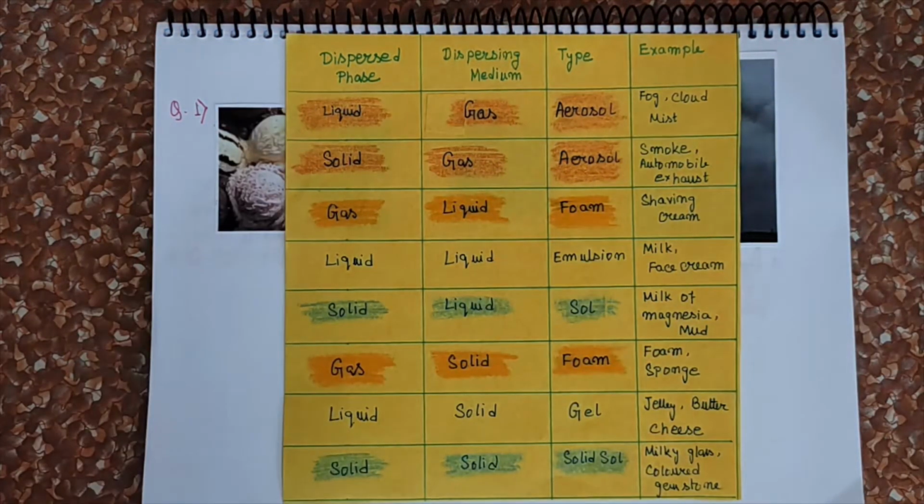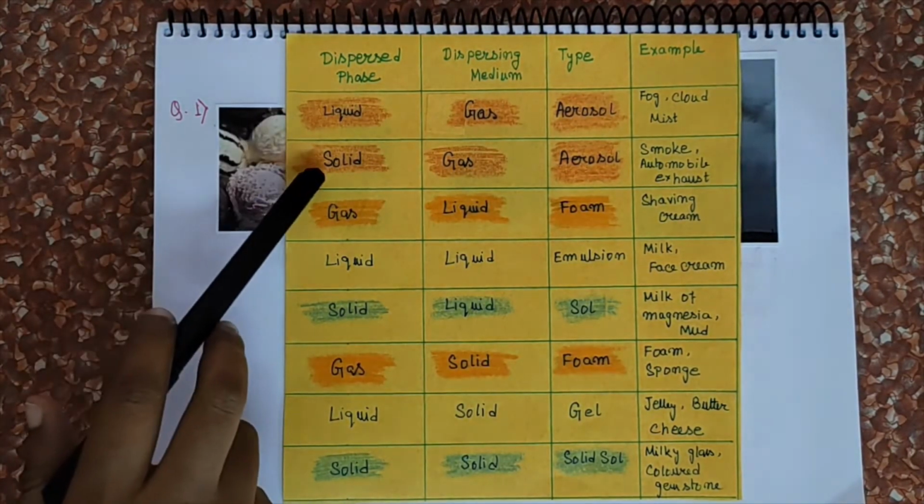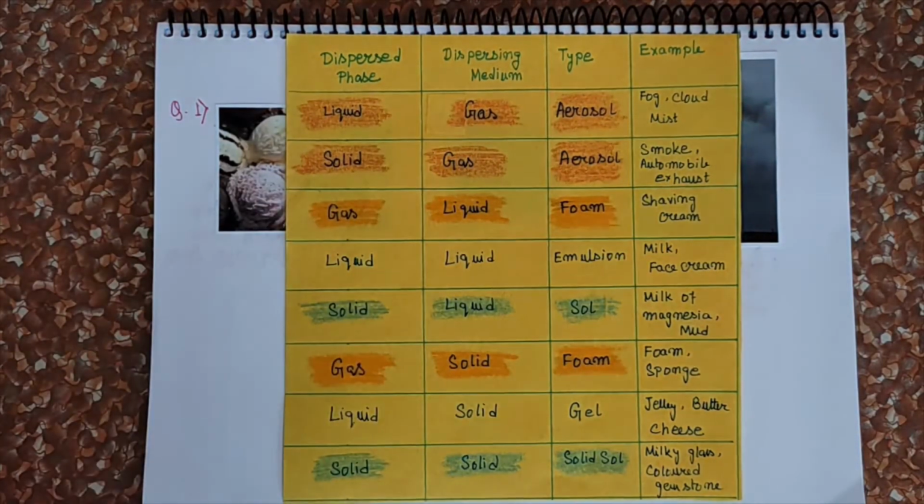And in the dispersed phase, that means which is present in small amount, what will you write? You will first write liquid, then solid. Gas we will not consider, because you know that gas particles will obviously mix homogeneously with another gas due to diffusion. So it will form a homogeneous mixture or a true solution.